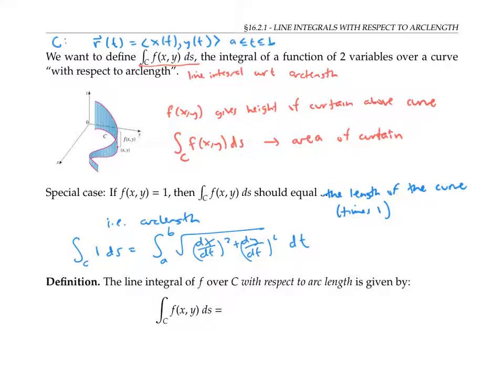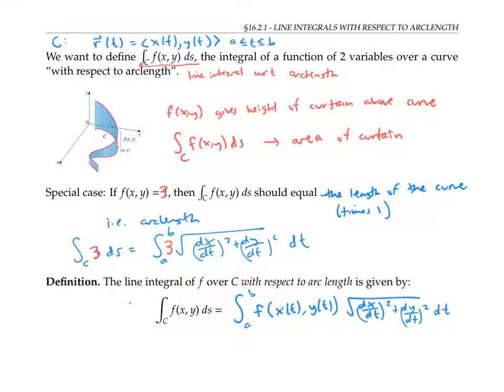Now, if instead our function always had a constant height of 3, then the area of our curtain should just be 3 times the arc length, and more generally, it seems plausible that the area of our curtain should be given by the function's value at each point on the curve times that arc length factor.